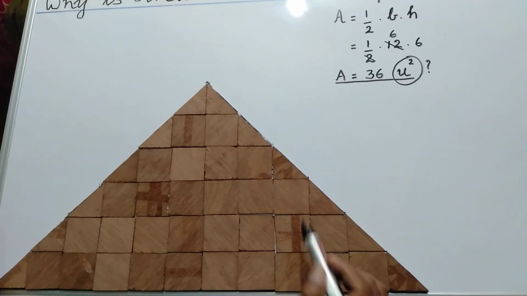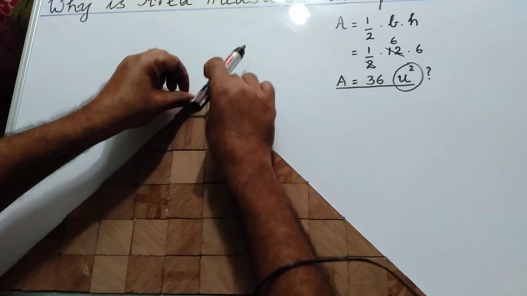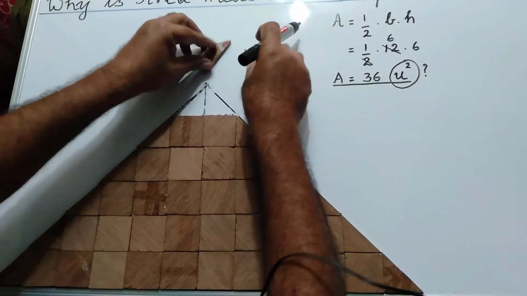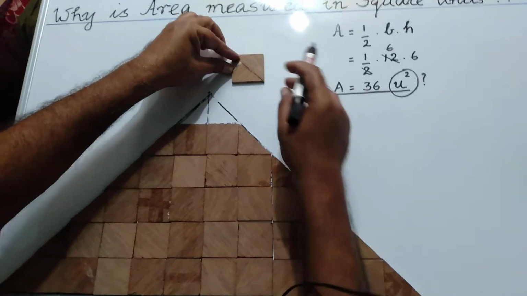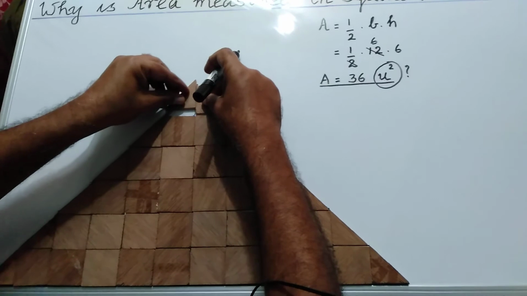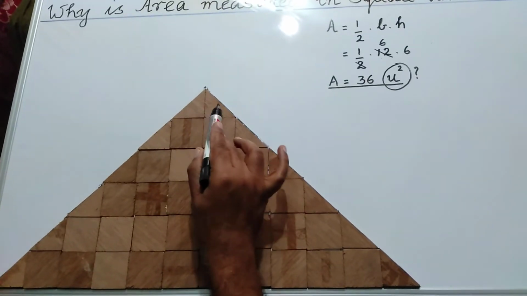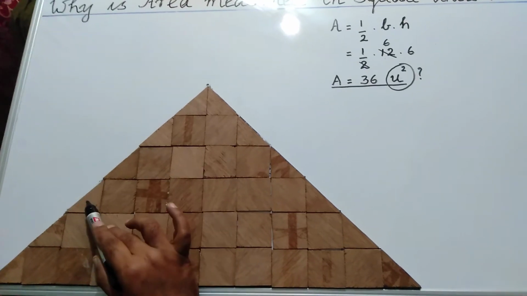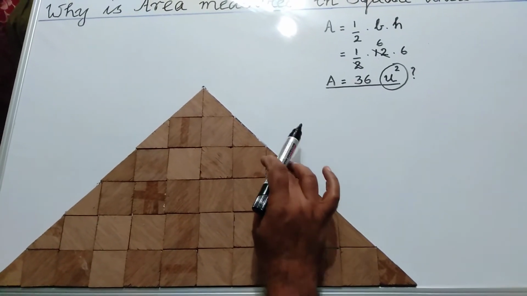So we have 30 squares, and as I had already told you, these two right angled triangles constitute one unit square. So 30 unit squares, 31, 32, 33, 34, 35 and 36.